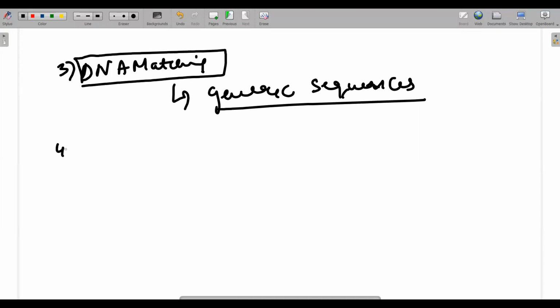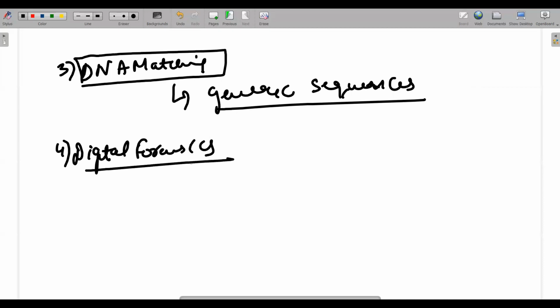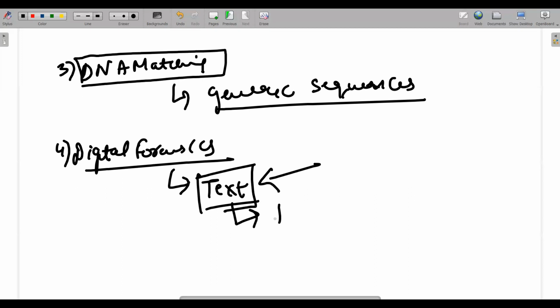Then there is digital forensics. Digital forensics means that if we want to find any text in a particular paragraph, we can easily find it. Why? Because there are investigations into which person is using which kind of handwriting.